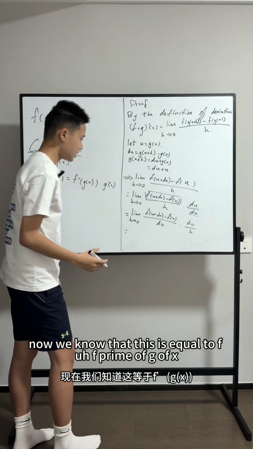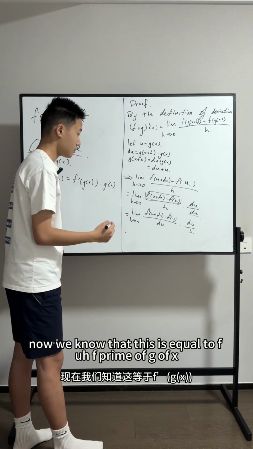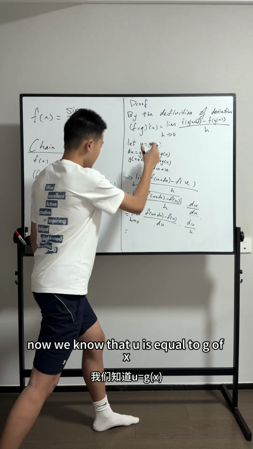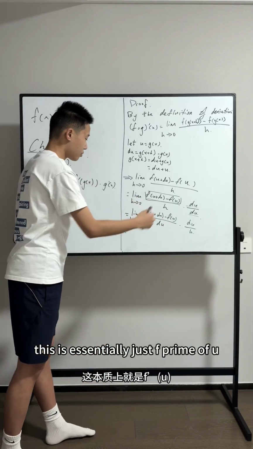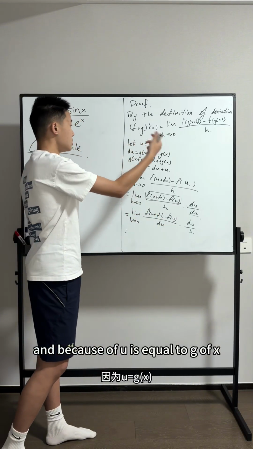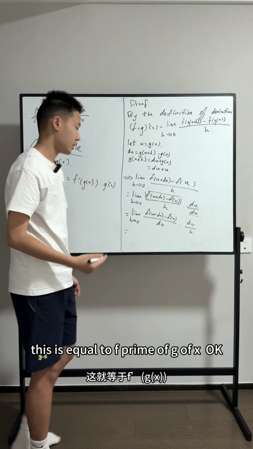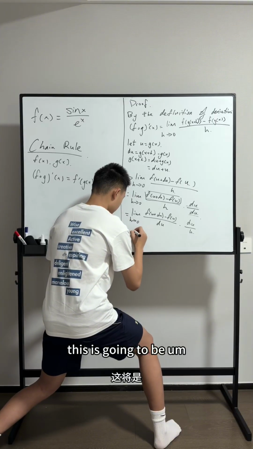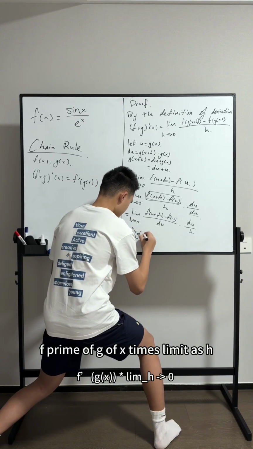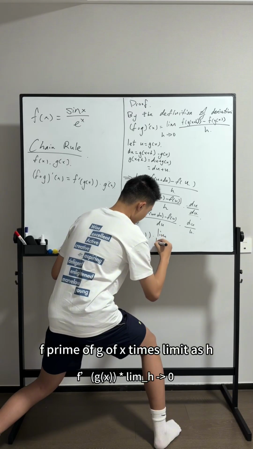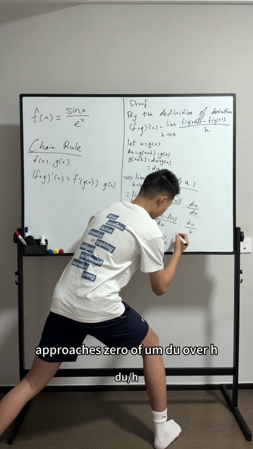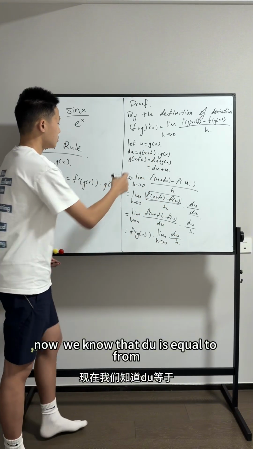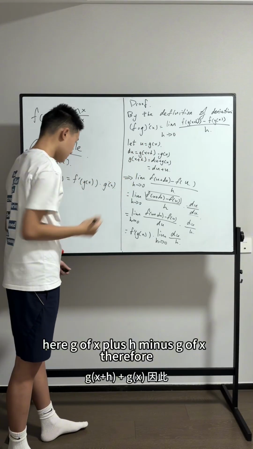Now we know that this is equal to f prime of g of x, because now we know that u is equal to g of x. This is essentially just f prime of u. And because u is equal to g of x, this is equal to f prime of g of x, okay? So therefore, this is going to be f prime of g of x times the limit as h approaches 0 of du over h. Now, we know that du is equal to, from here, g of x plus h minus g of x.